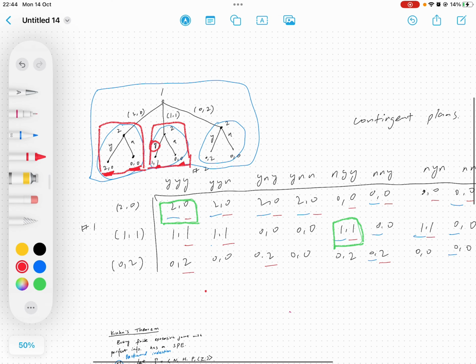And how about the last subgame here on the right-hand side? Since Y has 2 and N has 0, player 2 must choose this Y, right?